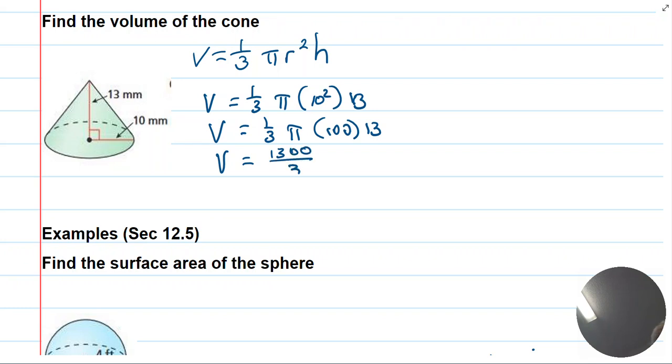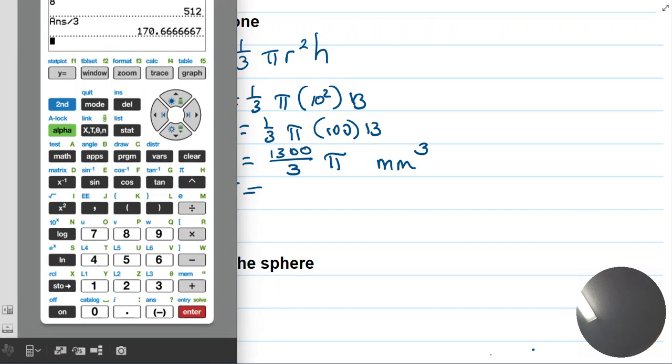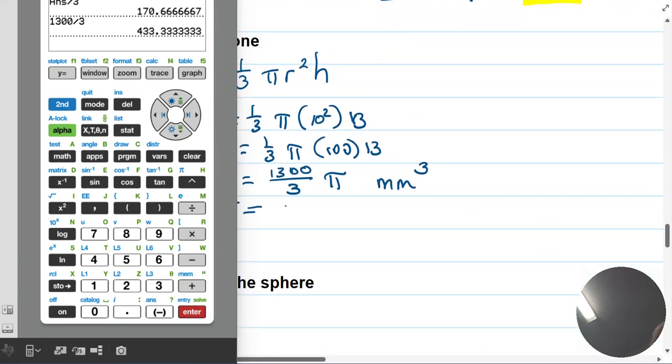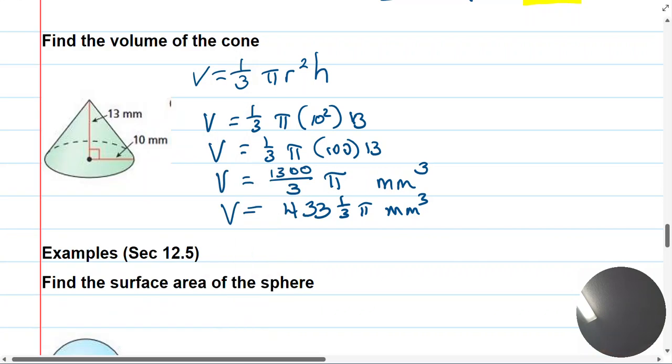Now you can divide this if you choose, but you have to make it a good fraction. Either one of these is acceptable. Do not stick pi in your calculator. Everybody comfortable? All right.